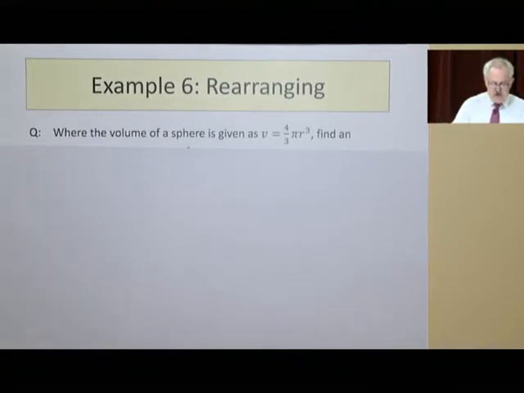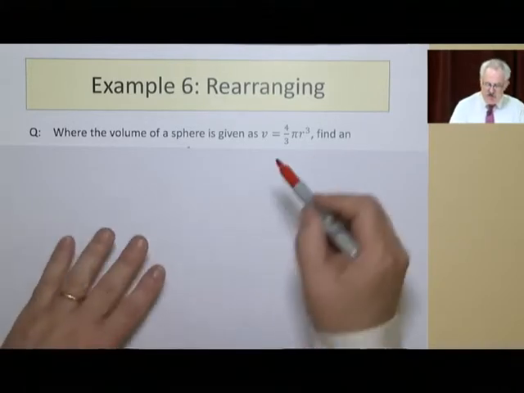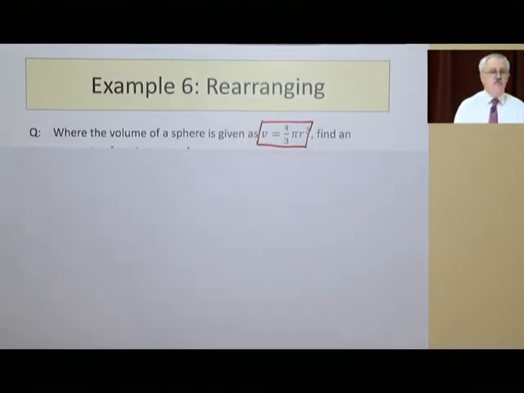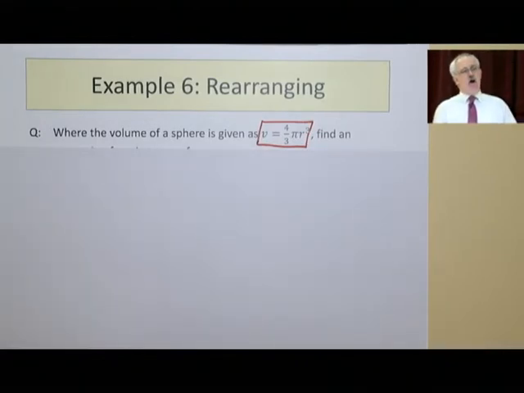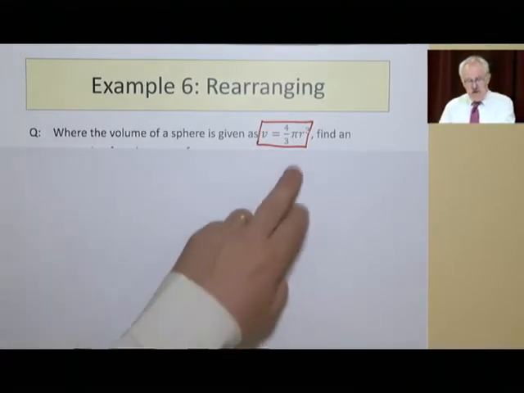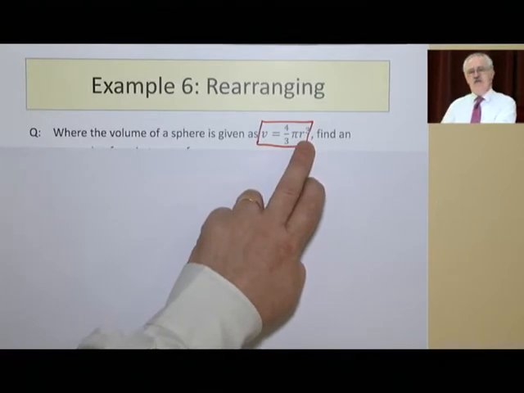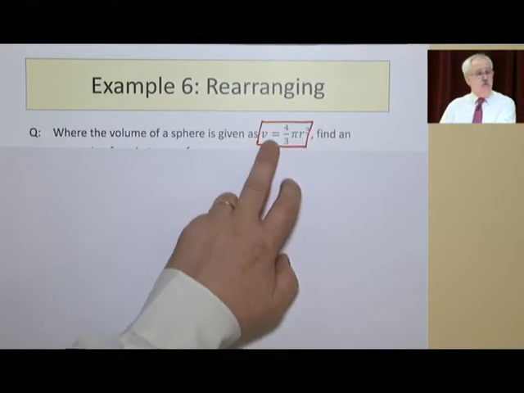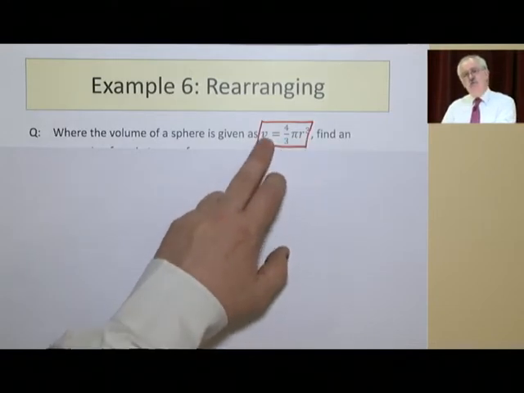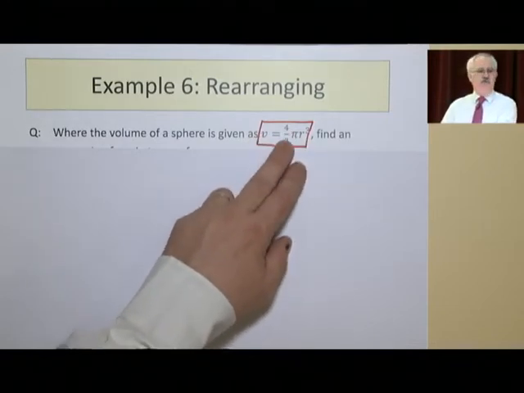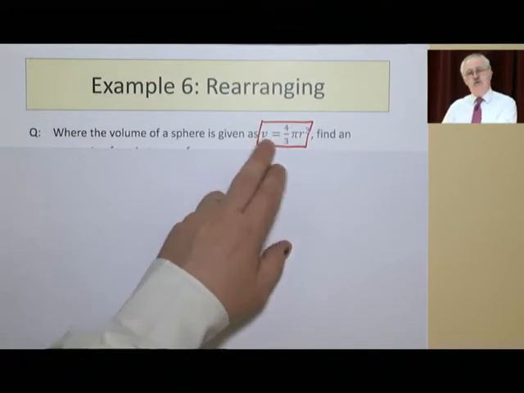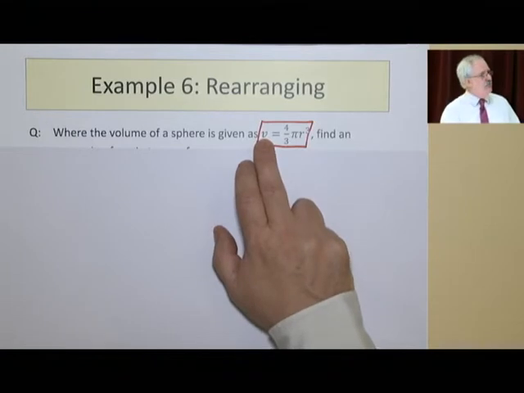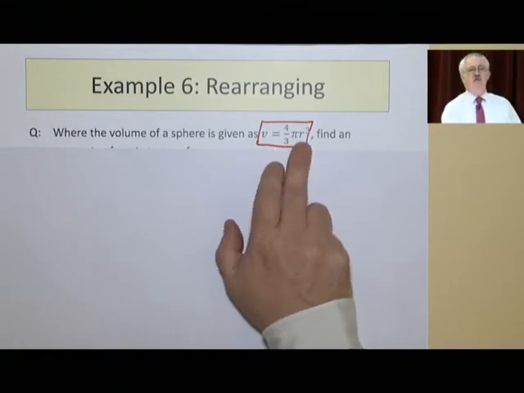For example, in this question here, the volume of a sphere is given by V is equal to 4 over 3 pi r cubed. You'll find it very hard to find a question that asks, if the radius of a sphere is 10 centimeters, find the volume. That's very rare. So they never really ask you to use the formula in its original form. They're more likely to say, if the volume is 100 meter cubed, find the radius.